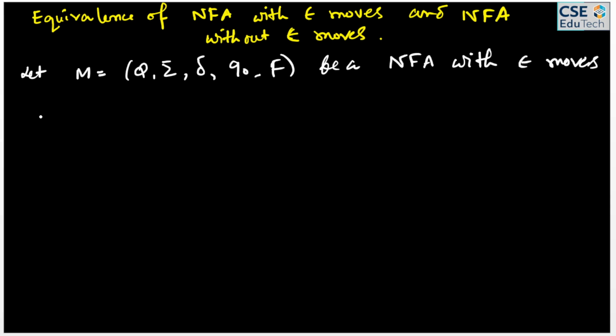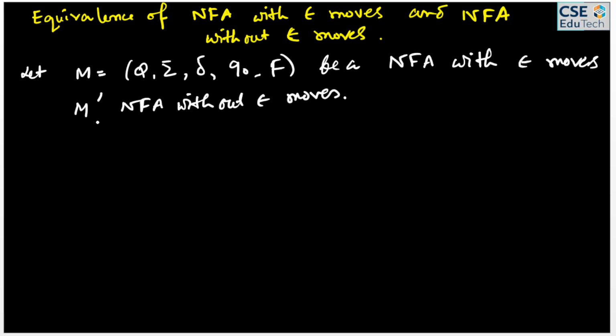And then the NFA without epsilon moves, we assume that it is M dash, can be constructed. This M dash is basically an NFA without epsilon moves.